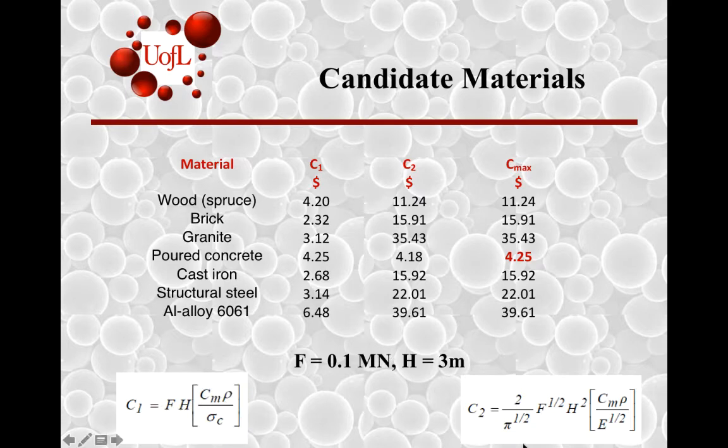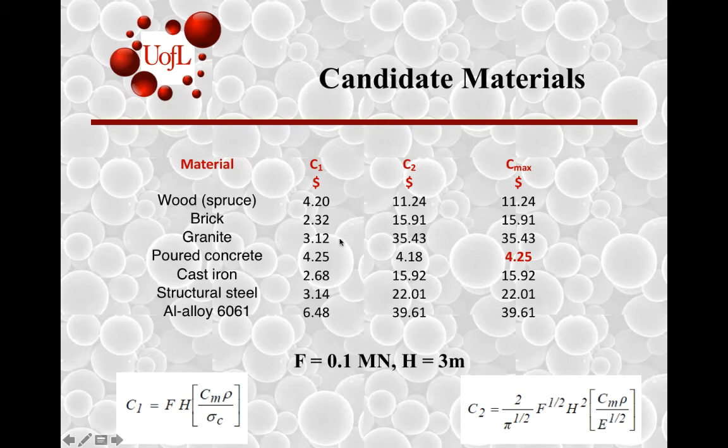Okay, so using this equation, you'll get 4.2 as an overall cost for this combination of F and H. And the overall cost based on this material index for the value of F and H based on the second constraint, the buckling constraint, is in the second column.